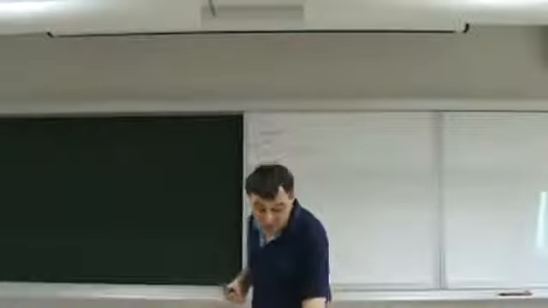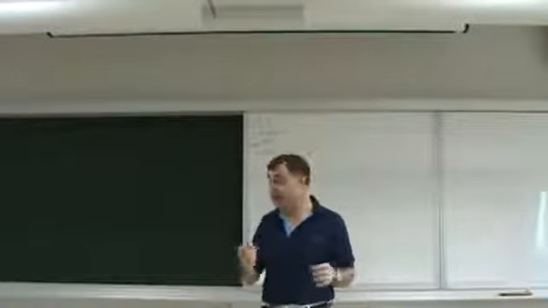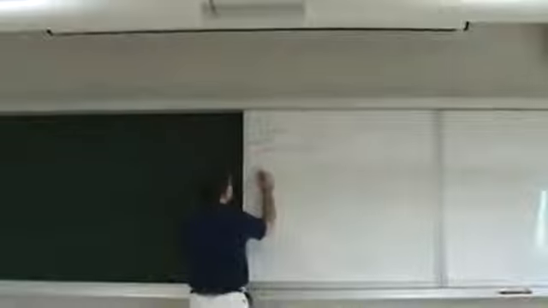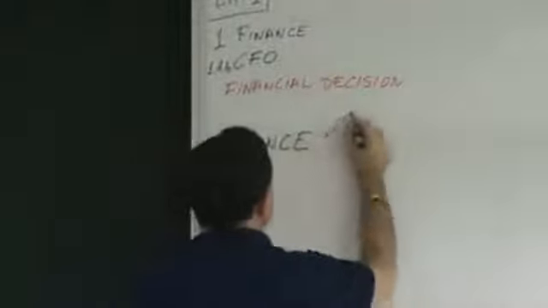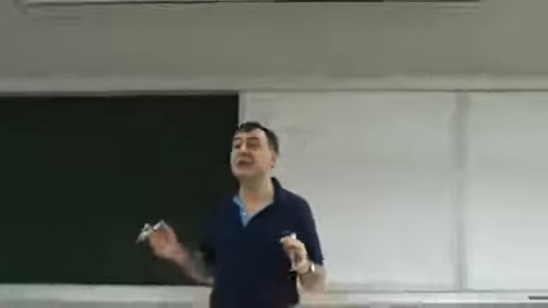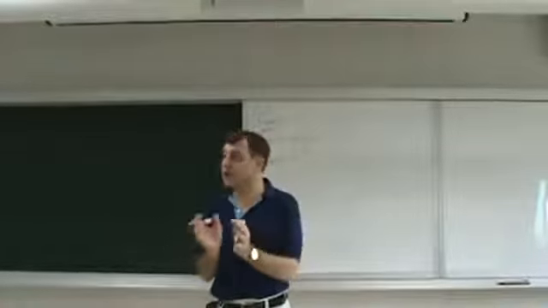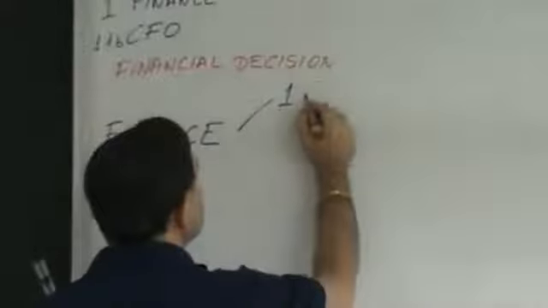Now, 1C is about finance as a subject. So let's write out here finance and see what is finance as a subject. And the first major field or area of finance is called financial management. Let's write it out in red.